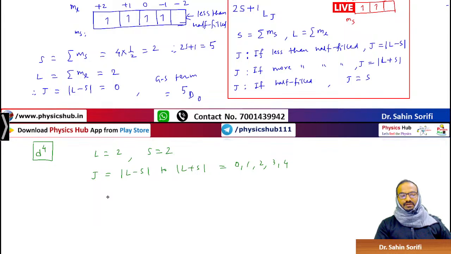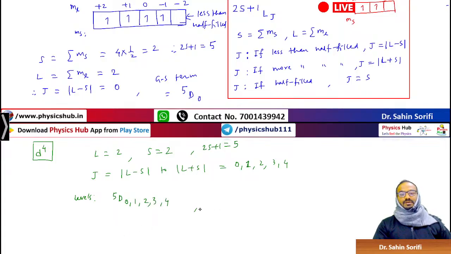And the corresponding term symbols, levels, will be 2S plus 1, 5, D, with 0, 1, 2, 3, 4.